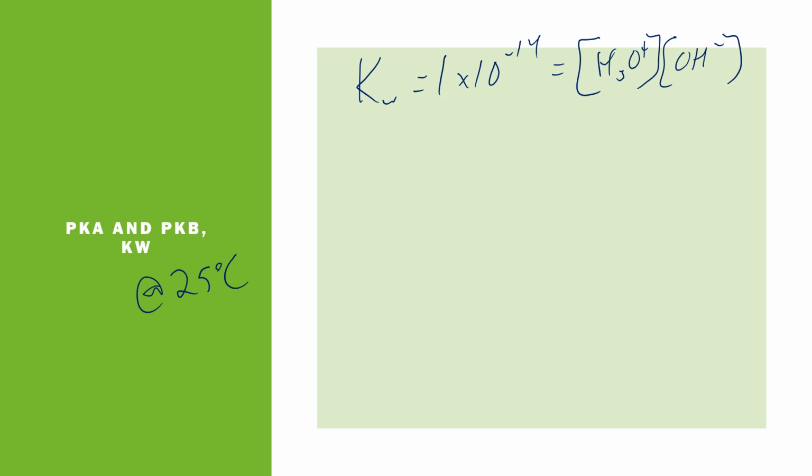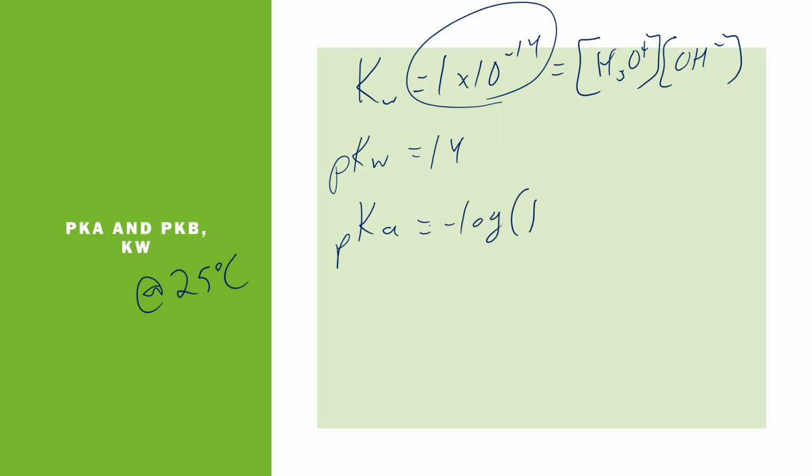Now remember that lowercase p means negative log. So you can find what's called the pKw, which is the negative log of Kw, which is 14. You can also find pKa, which is the negative log of the Ka for a weak acid, and pKb, which is the negative log of the Kb value, which we're talking about for weak bases.